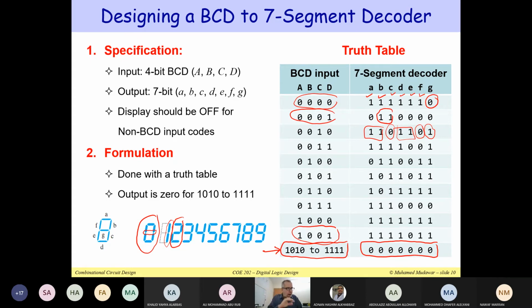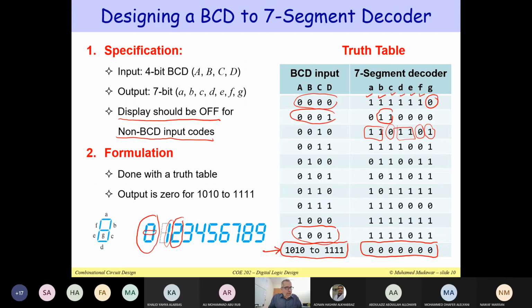We will turn off this display rather than displaying random segments turned on and off. So for this reason, I did not use don't cares. I forced all the outputs to be all zeros. This is part of the specification. It says that the display should be off for non-BCD input codes.